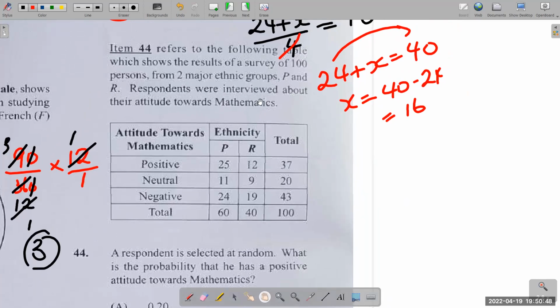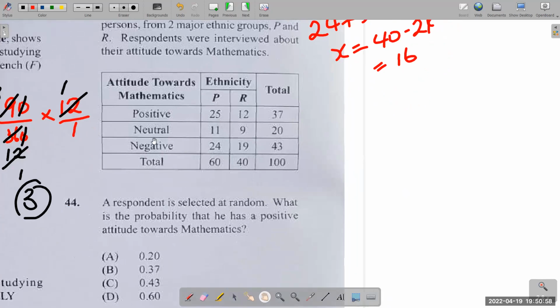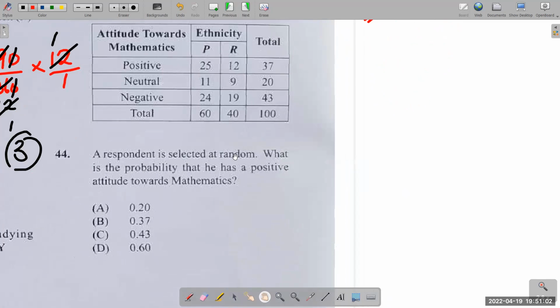So it says, the table shows the results of 100 persons from 2 major ethnic groups, P and R. Respondents were interviewed about their attitude towards mathematics. So we got positive, neutral, negative, okay? Our respondent is selected at random. What is the probability that he has a positive attitude? Sorry about that.